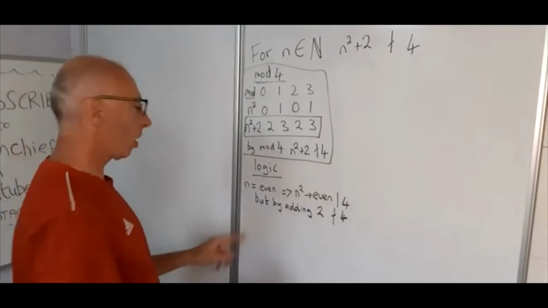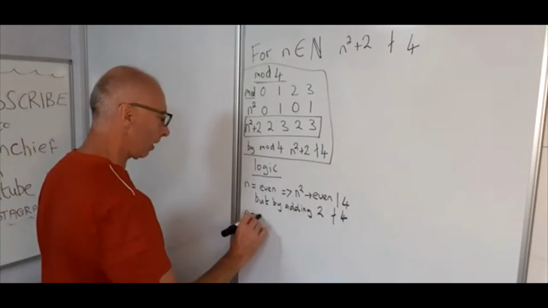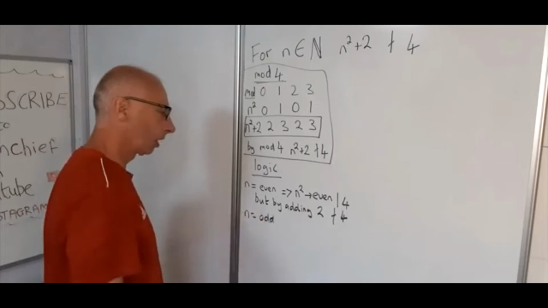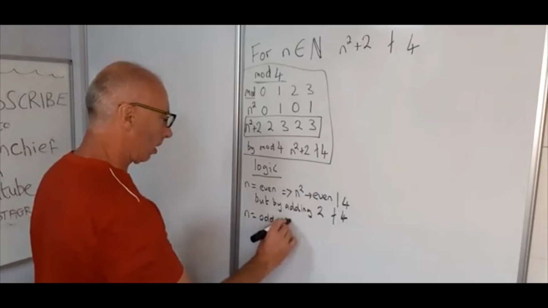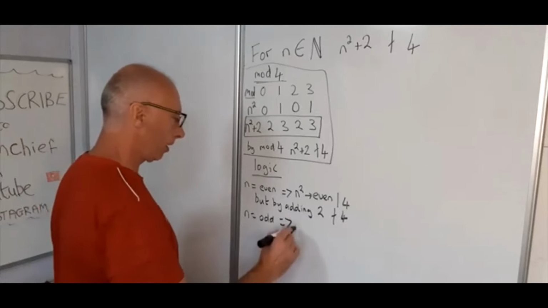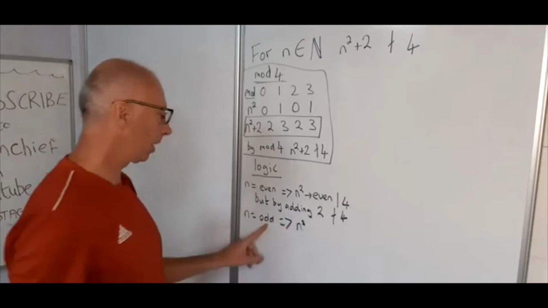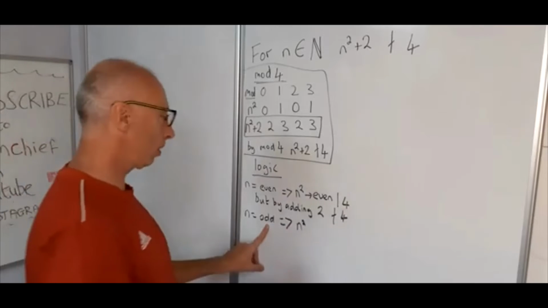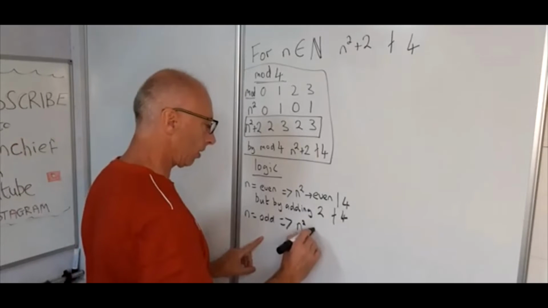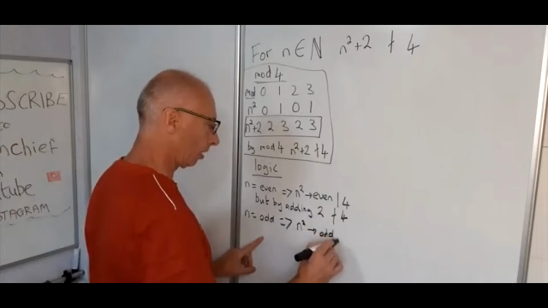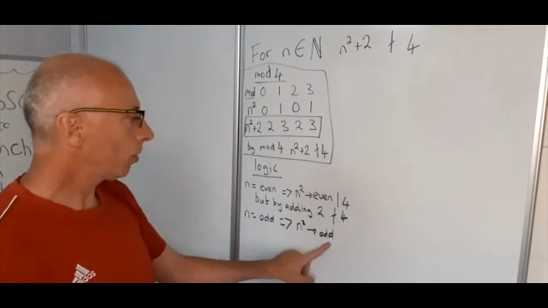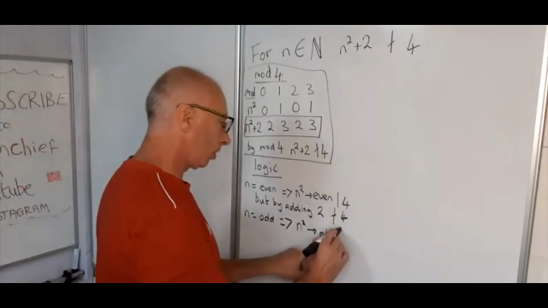Now what about if n is odd? So let's write n equals an odd number. An odd number squared would be another odd number. So that leads us to an odd number. An odd number is not divisible by 4.